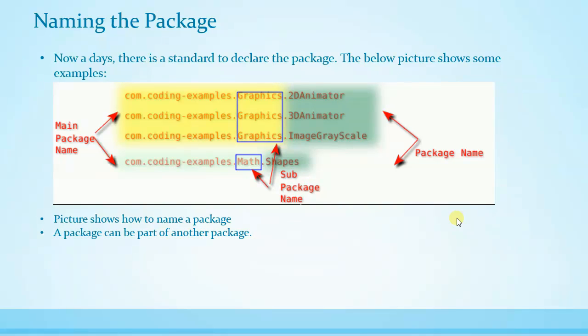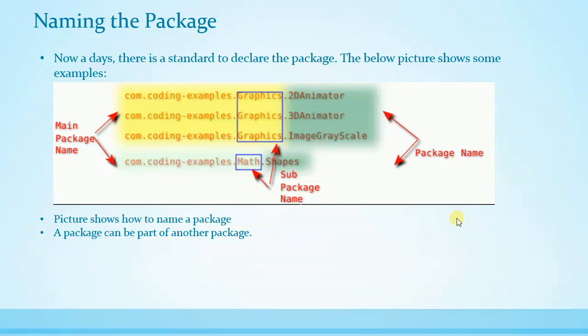A package can be part of another package, and that's what we call a sub package. If you see here, graphics is a sub package of coding examples, and coding examples is a sub package of the reversed website name. Similarly, 2D animator, 3D animator and image grayscale are packages, but they are sub packages of graphics.